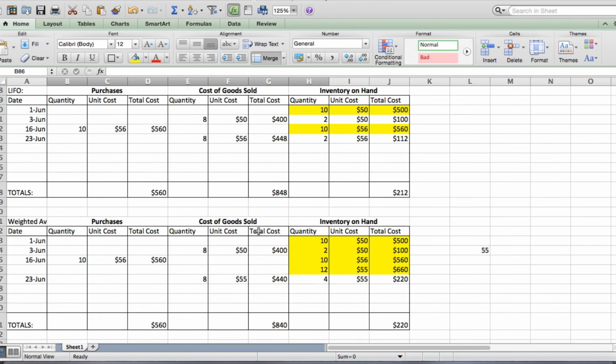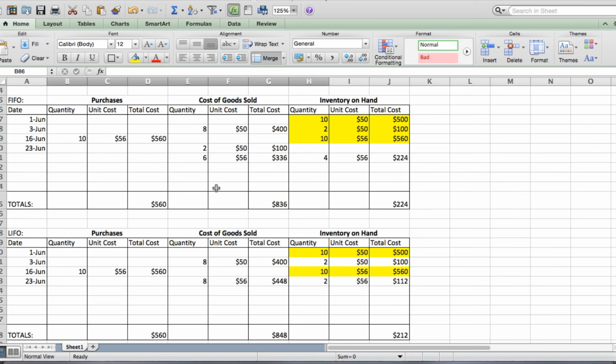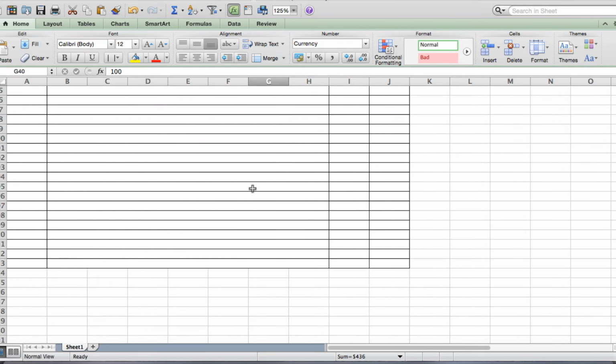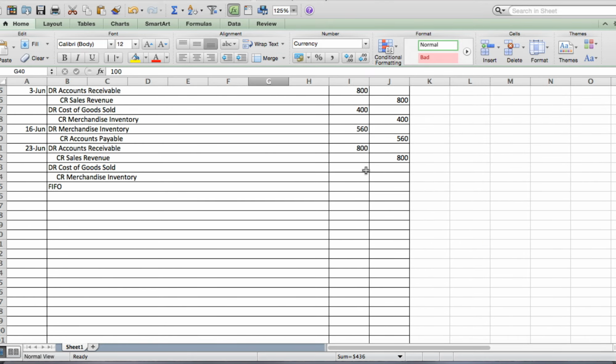So all I have to do is look up at this inventory sheet I filled out and look right here for how much my cost of goods sold was on this transaction. 100 plus 336, so 436 will be the amount. Okay, so that's for FIFO.